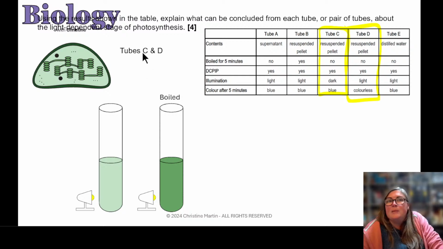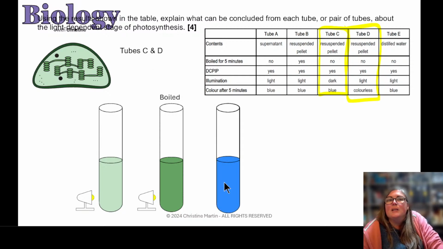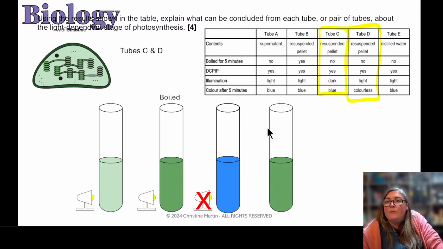Now the next one is about C and D. So C, we've got the resuspended pellet. We're going to use DCPIP. We're not going to shine light on it because it's in the dark and it stays blue. Whereas if we do the same one and we therefore shine some light on it, it changes to be colorless.